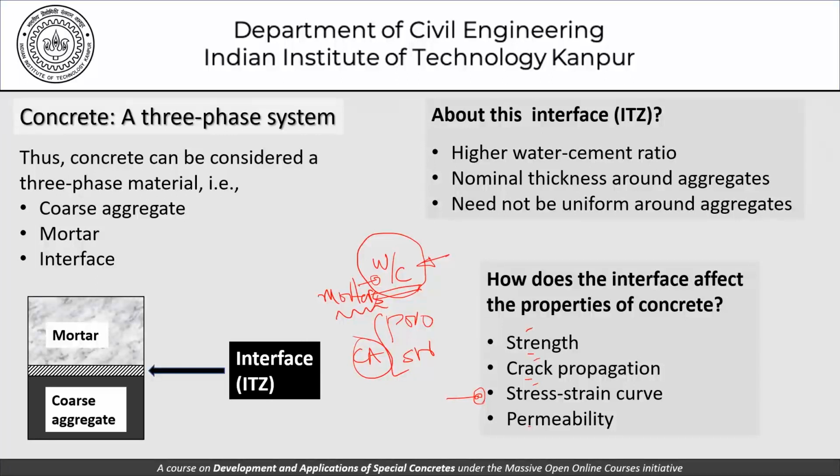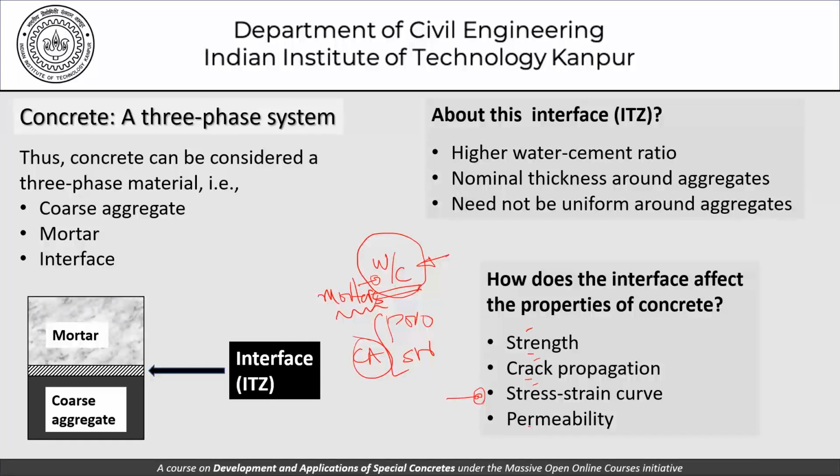So the fact that we always talk about strength depending on water-cement ratio really means that we know that the mortar is the weakest link in the chain, and within that system the ITZ is actually the real culprit. The real weak link is the ITZ.